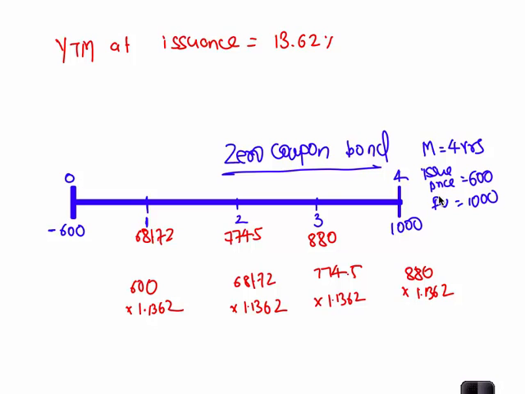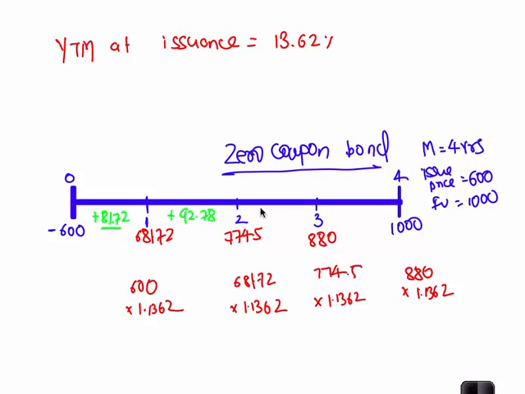So what is the earning of the investor? First year he has been able to earn an interest of 81.72. But has he received that in cash? No, it is just accumulated into the value of the bond. He's not receiving that in cash. Second year his earning is the difference of these two values. Tell me how much is that? How much is the difference of these two values? 92.78.